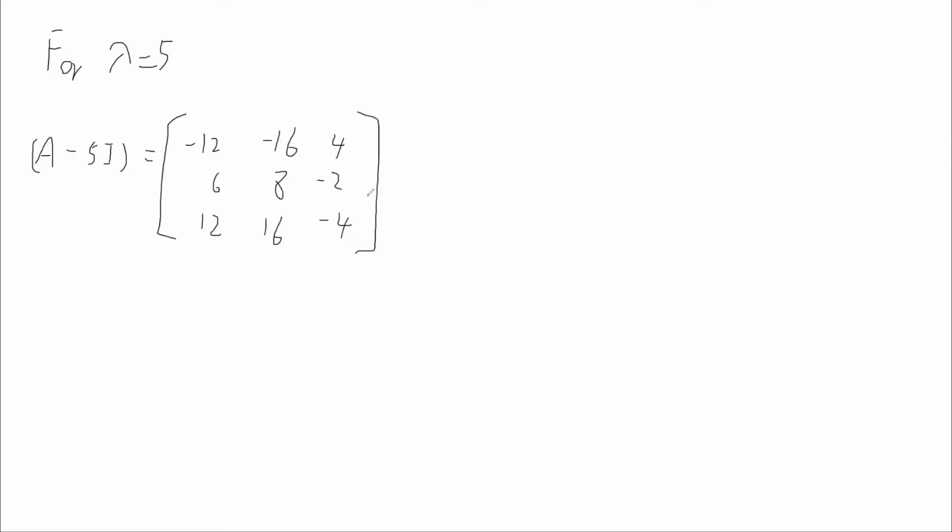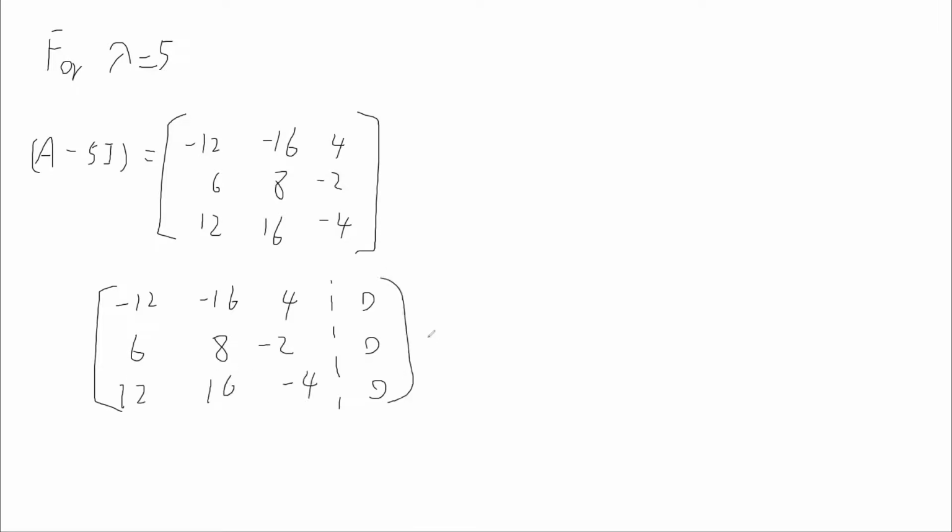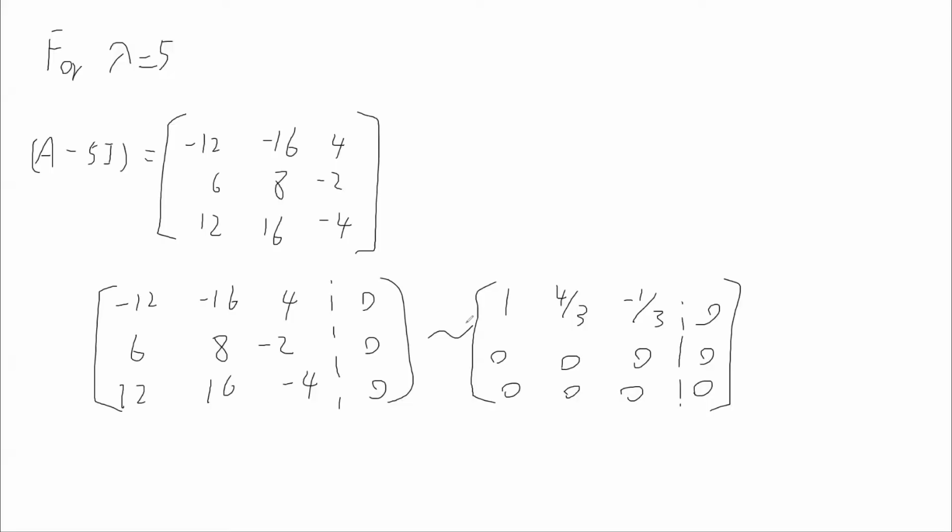Then we set that equal to 0 with the augmented matrix, and if you reduce it, you get this right here. So let's write out our first equation: x1 plus 4/3 x2 minus 1/3 x3 is equal to 0.